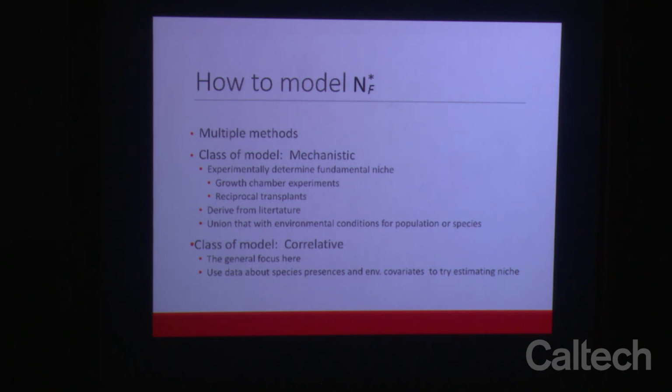And then with that knowledge about physiological tolerances and mechanisms in place, you can simply union that with the environmental conditions for a population or a species. This other class of models is the one that I'll focus on, which are these correlative models. And that really uses data about species presences and environmental covariates to try to estimate that existing fundamental niche.